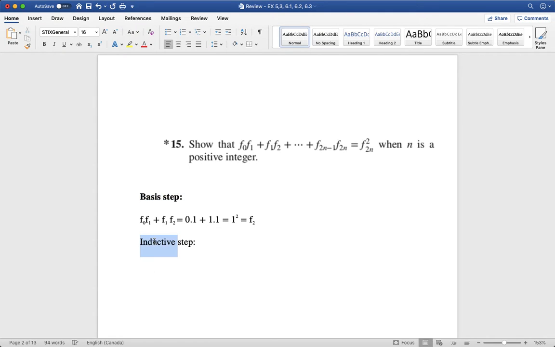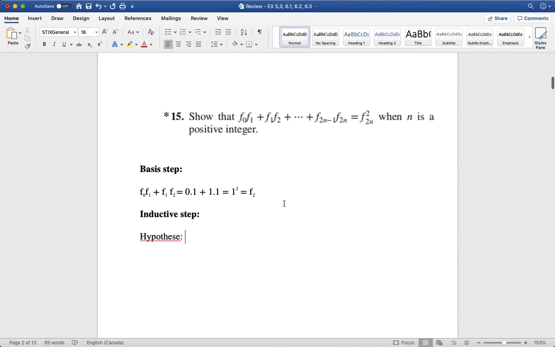In the inductive step, we will have our inductive hypothesis, where we assume that this statement is true, and then we have to prove that it is true for n plus 1. Instead of writing that out, I can just dive into it.